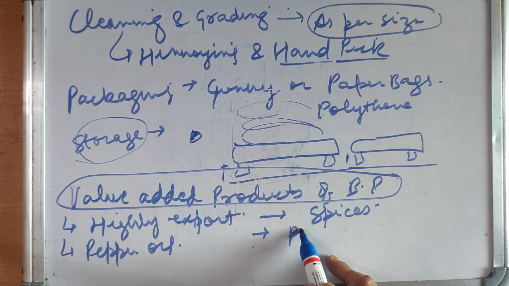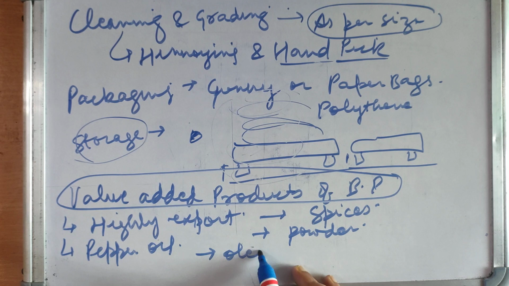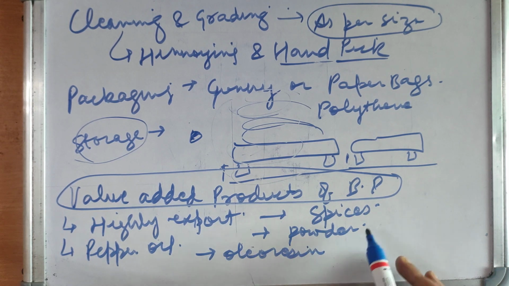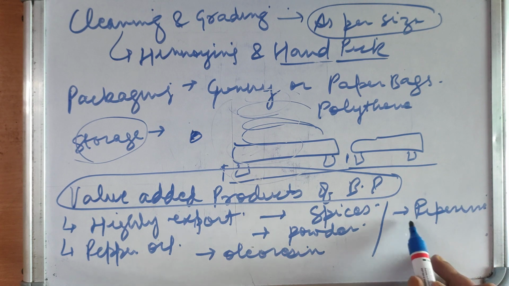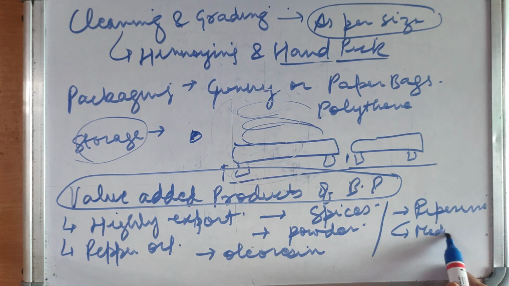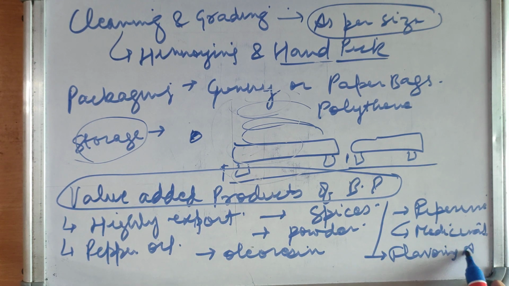Pepper powder is made. It is used in oleoresin. It is used in piperine, and we should know that piperine has very high medicinal value. Black pepper is also used as a flavoring agent. So these are some of the value-added products of black pepper.